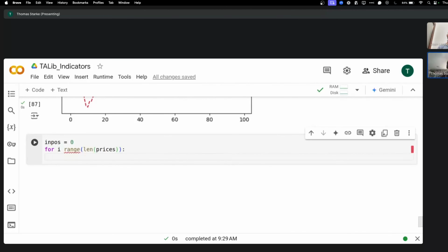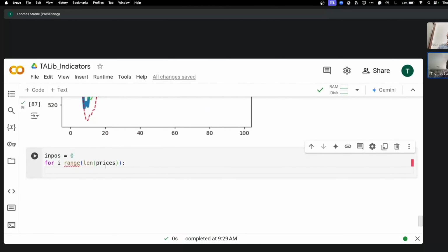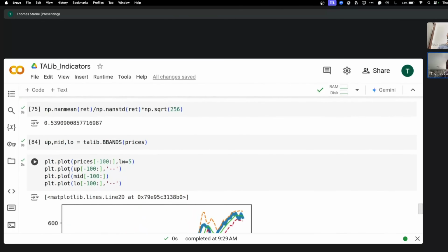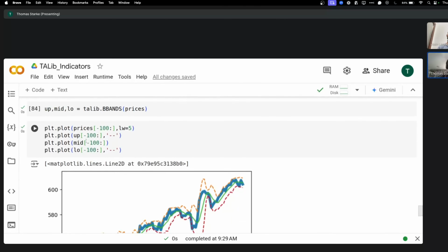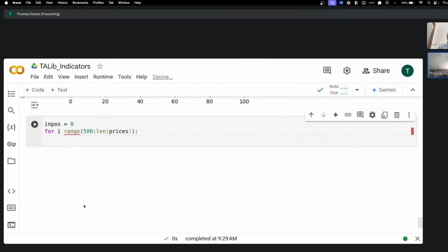And then once we cycle through the prices, we're cycling through our bands at the same time. So probably a good idea to not start with 0, but start with some higher number, say 500. And then we can say, well, our first entry condition is, for example, if our price is below the lower Bollinger Band.